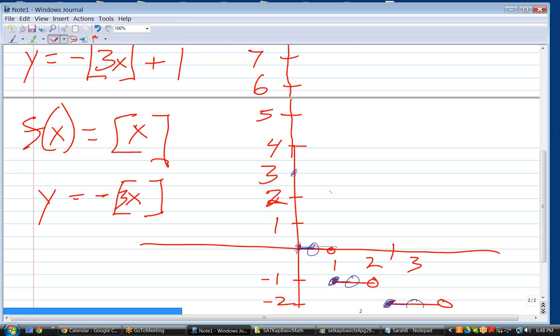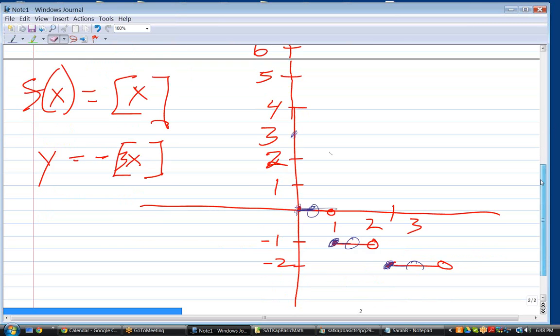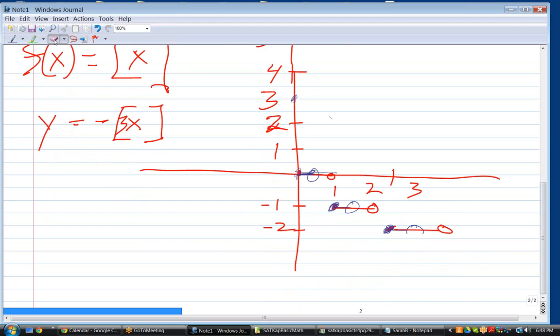Okay, so this thing draws like this. Let's see, from 0 to 3, we're going to be here. Or from 0 to 1/3.